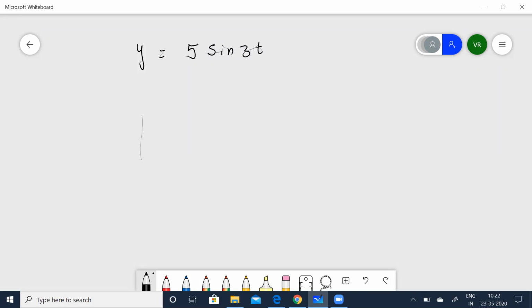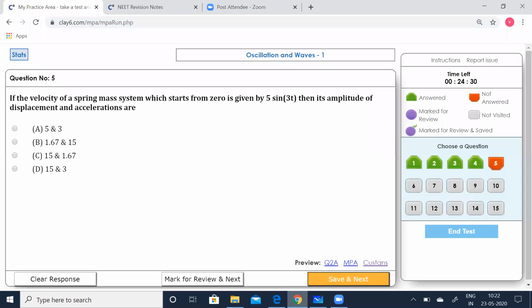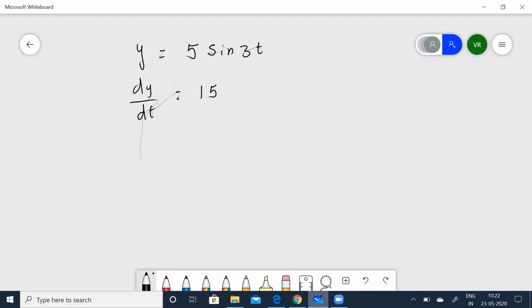Now, the velocity is going to be dy by dt. Oh, look, children, the velocity is given, it's not the displacement. All right.